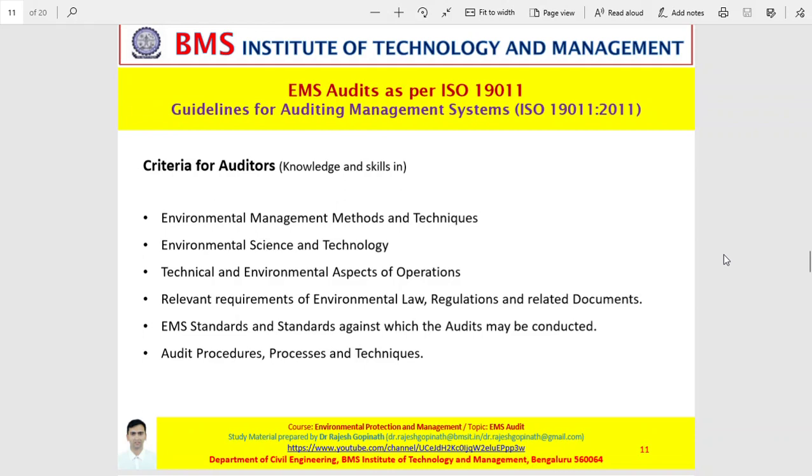And finally, with all these knowledge and skills, should be knowing the procedure for an audit, the processes, techniques, the planning and the scheduling aspects.